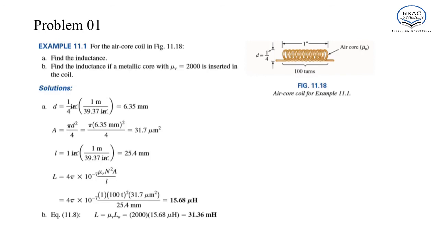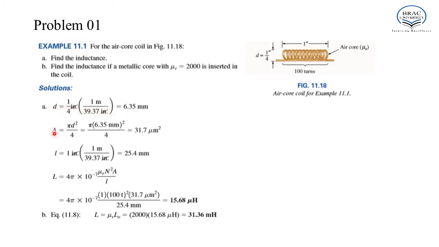Example 1. For the air core coil as shown over here, A. Find the inductance and B. Find the inductance if a metallic core with relative permeability of 2000 is inserted in the coil. D equals 1 by 4 inch and length equals 1 inch. At first we have to convert the units to SI units. So D will be equal to 6.35 millimeter.